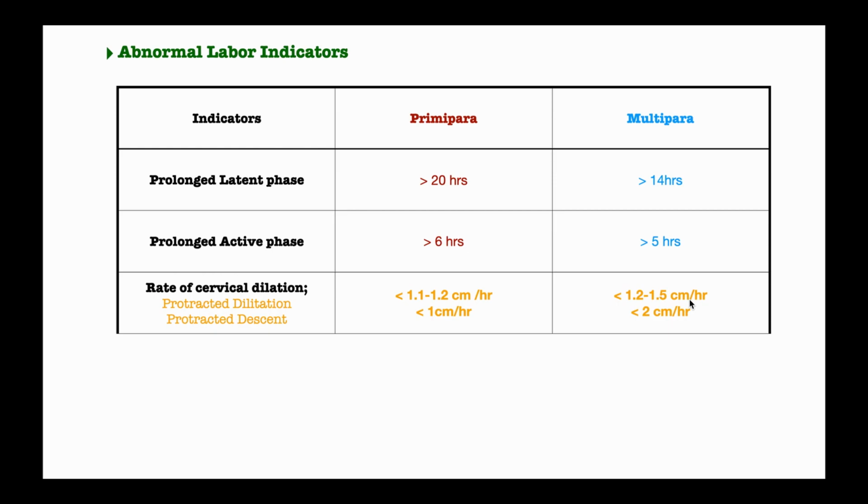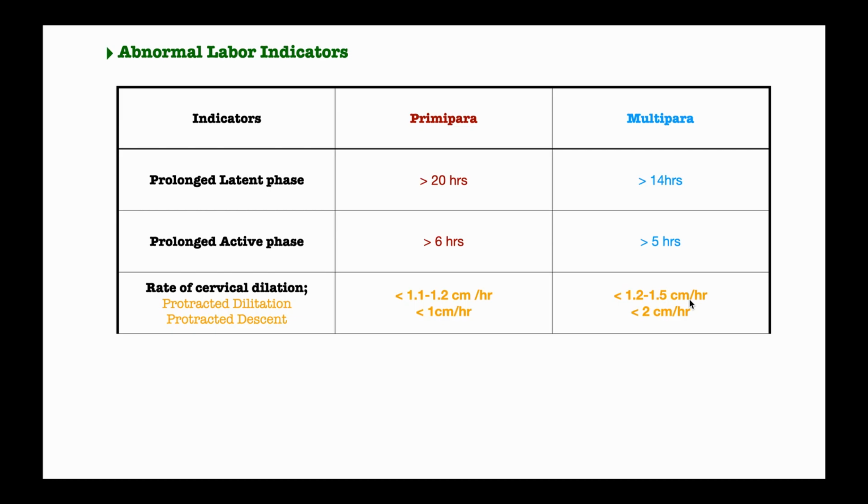Now, on the other hand, if the woman presents with 6 centimeters dilatation and after 2 hours she's 9 centimeters dilated, it means we've had 3 centimeters dilatation in 2 hours. When we divide 3 by 2, we get 1.5 centimeters per hour, which is very good because of the rate of cervical dilatation in the primipara that we've seen.